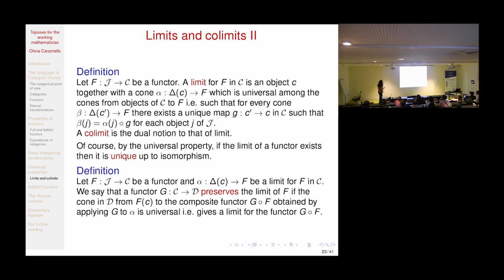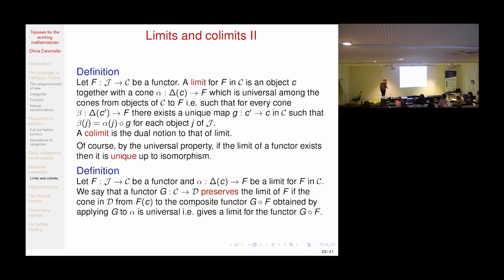Okay, so a concrete example of a colimit. We can take J to be always the discrete category on two objects. But this time, instead of taking the limit, we take the colimit. What do we get? In particular, does such a colimit exist in the category of sets? Yes, it is given by the disjoint union of A and B. And we can immediately realize this because we have, first of all, two canonical maps which go in this direction.